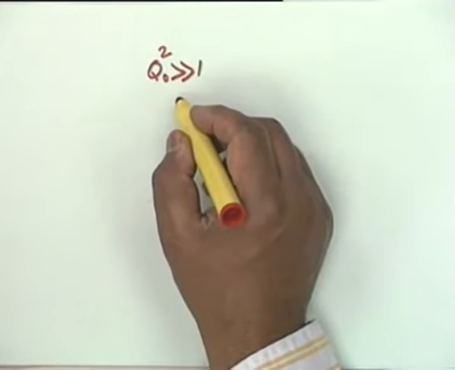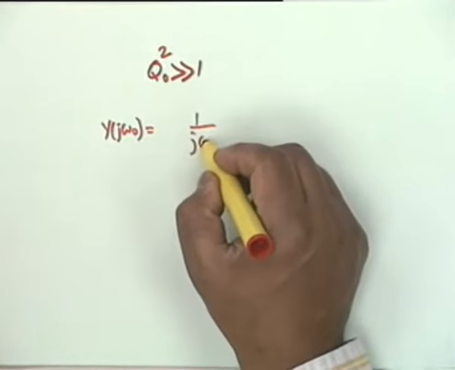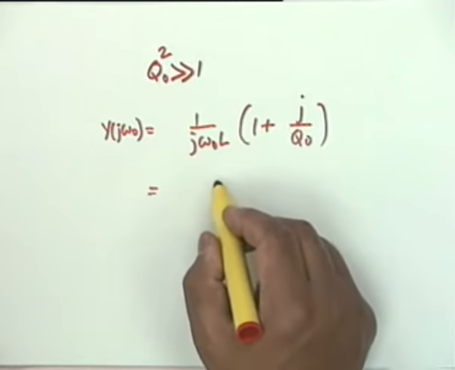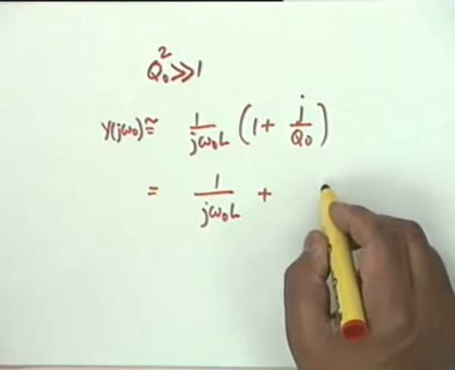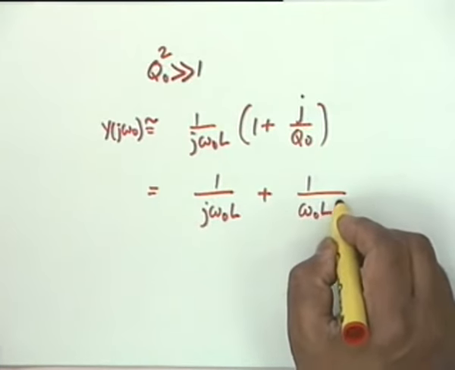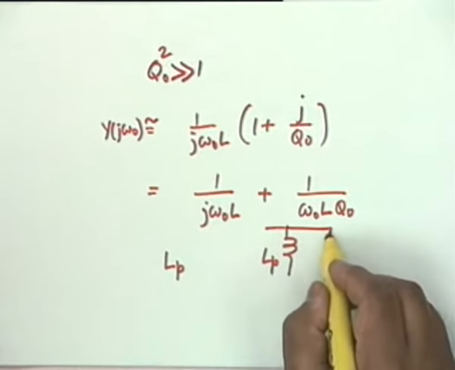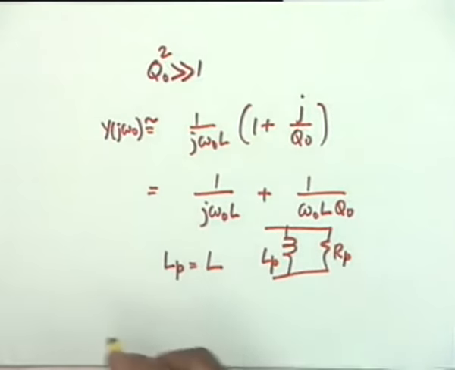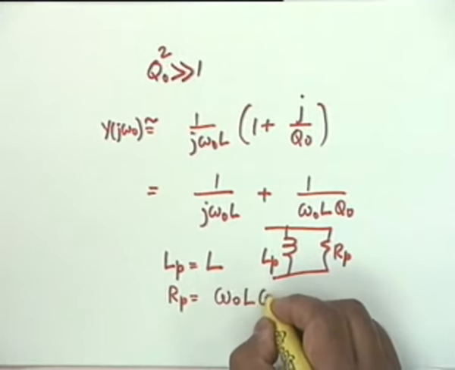If Q naught squared is much greater than 1, then the admittance Y of j omega naught is equal to 1 over j omega naught L, 1 plus j by Q naught, which is approximately 1 by j omega naught L plus 1 over omega naught L Q naught. Therefore this is equivalent to an inductance LP and a resistance RP, where LP is equal to L, the original inductance, and RP is equal to omega naught L Q naught.